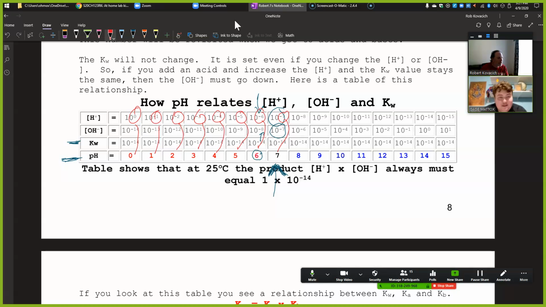So what do you notice about the math with this? What you should notice is every time I'm talking about this, let's say pH 3. So my H plus ion concentration is 10 to the negative 3rd. My Kw is 10 to the minus 14th, and it can't change. So how do you get 10 to the negative 3rd, and your answer has to be 10 to the negative 14th?